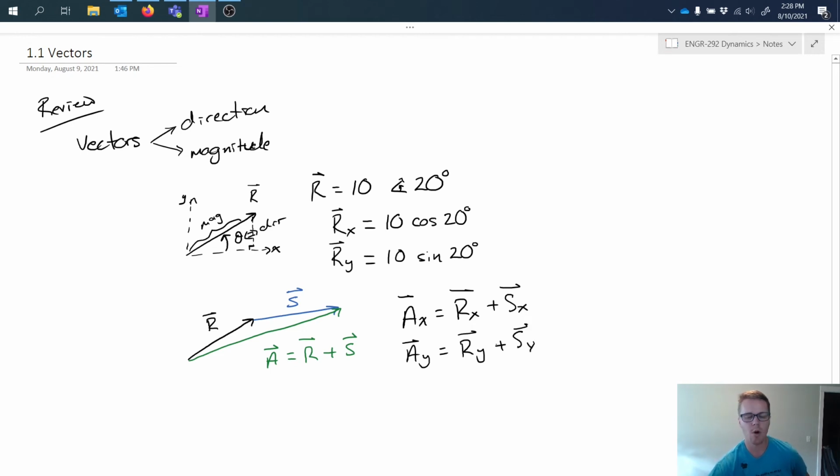Realizing that any of these quantities could be positive or negative, depending on whether they go up or down, and so forth, as my sign convention of my coordinate system.